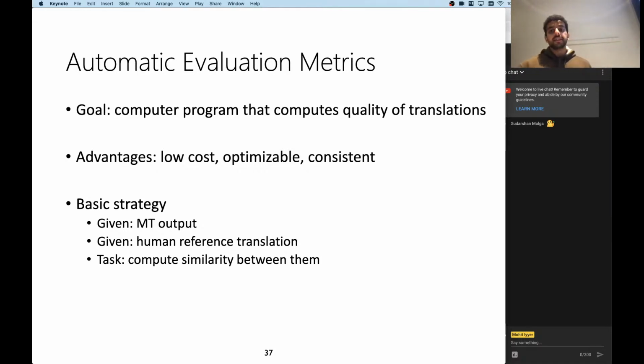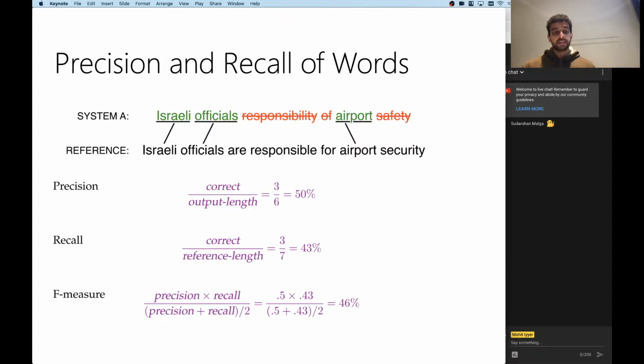So note that this has the same problem that we discussed before. If you only have one reference, you only have one instance of several hundred or thousand plausible translations for that sentence. And so this score might be misleading if, for example, your machine translation system produced a good translation, but the reference was inadequate to cover that translation.